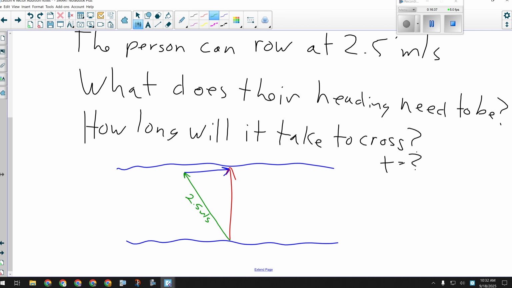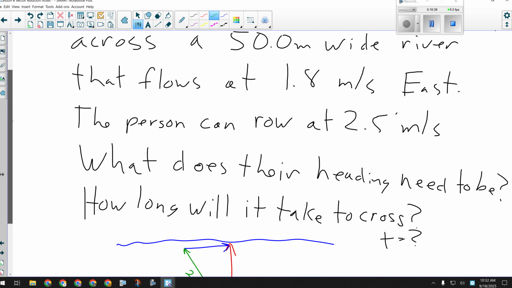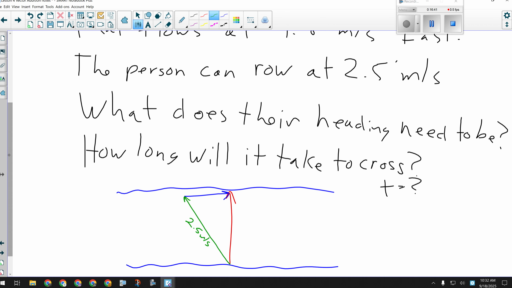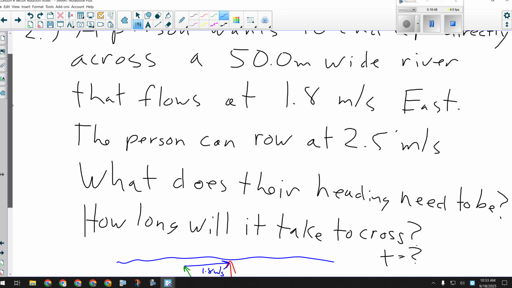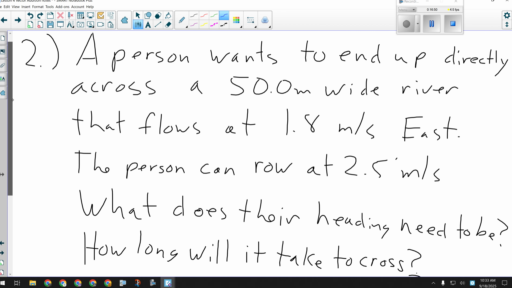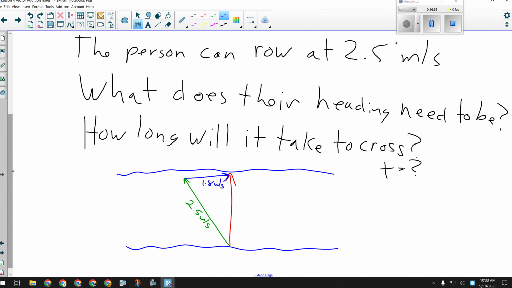Okay, because this current, which they also tell me, okay, is 1.8 meters per second. Okay, and the river is 50 meters wide.